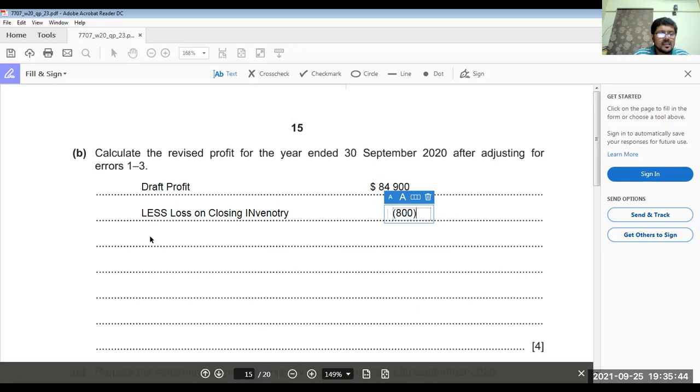Done? Okay. Second, prepaid insurance, 400. Prepaid insurance will increase the profit. So we'll write add prepaid insurance, that is 400.